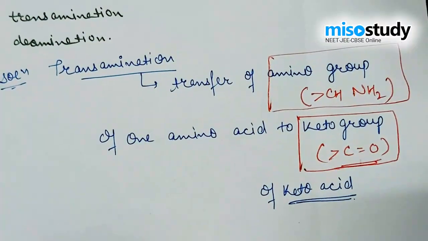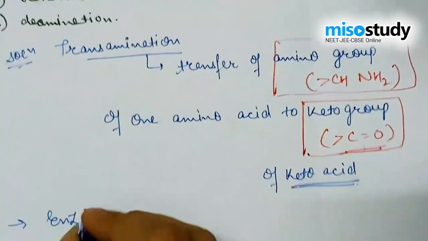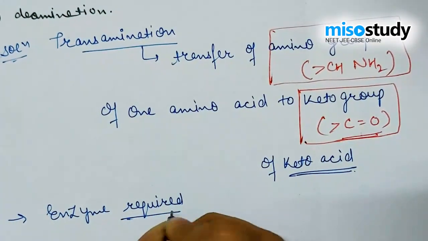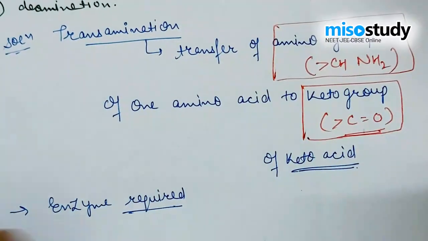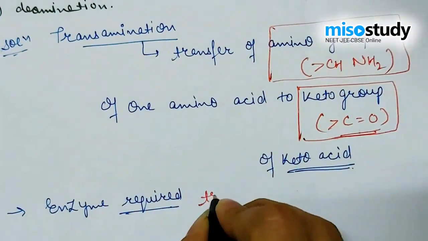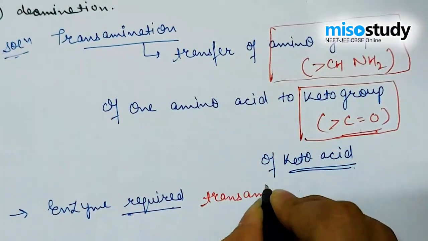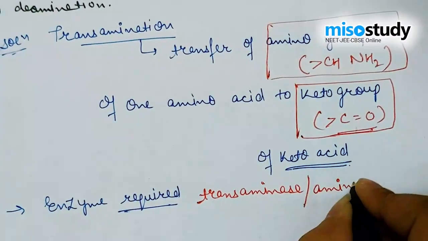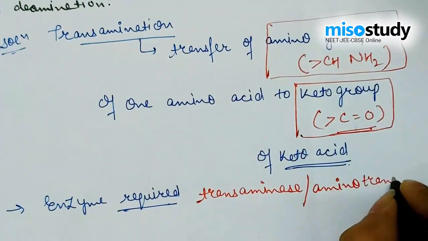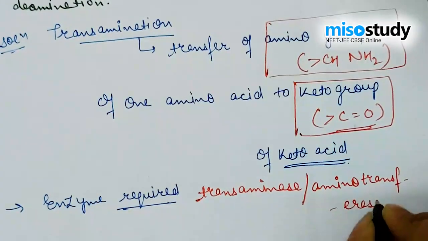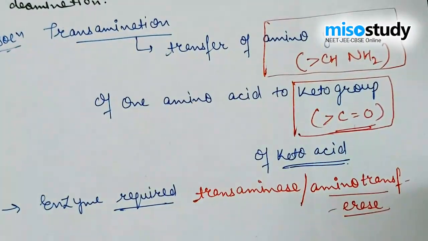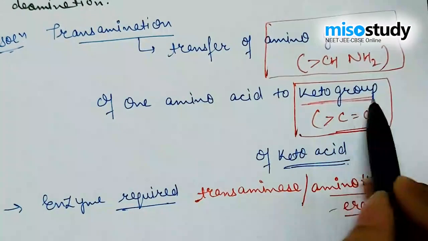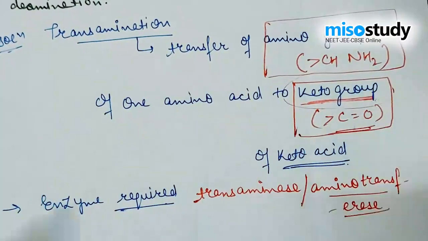The enzyme required for transamination is transaminase or aminotransferase. Why aminotransferase? Because in this process, the amino group is transferred from one amino acid to the keto acid, including the keto group.